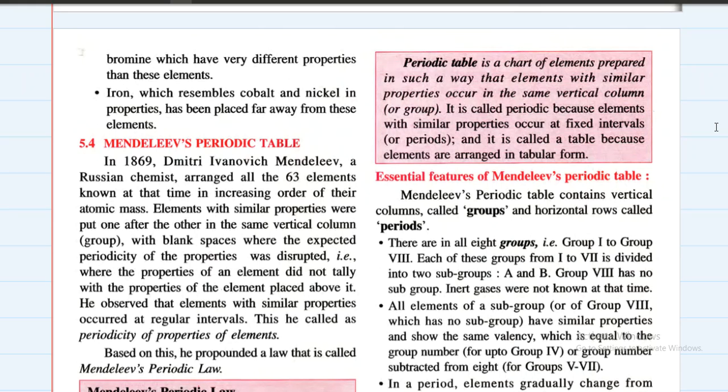Okay, so it is a chart of elements in which elements with similar properties occur in the same vertical column or group.